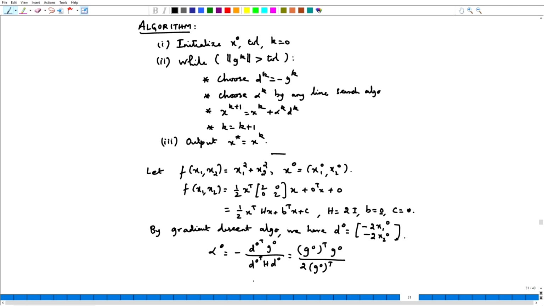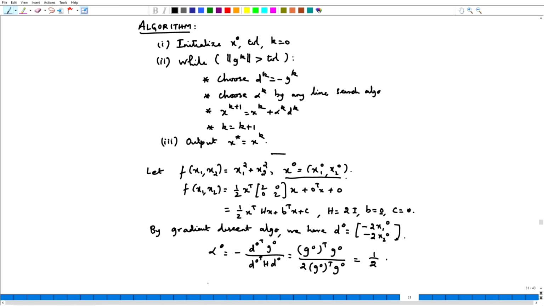So, alpha naught is actually half. Note that I did not choose any specific value like 5 comma minus 4 as in the previous lectures. I just chose a general x 1 0, x 2 0, and it turns out that alpha 0 is equal to half. That is a good thing.